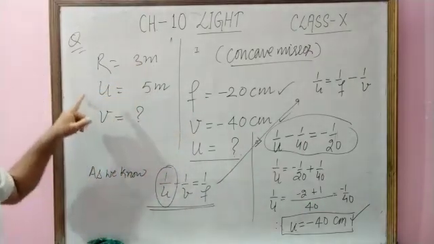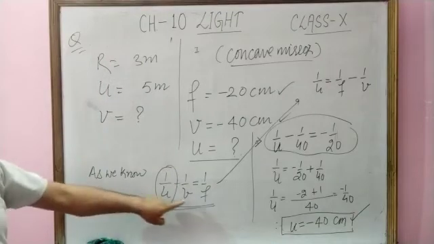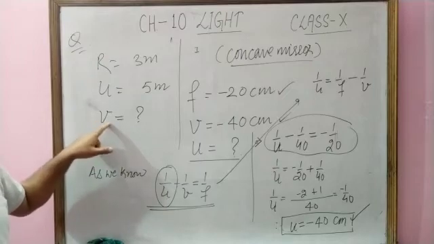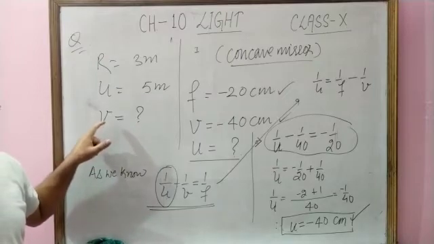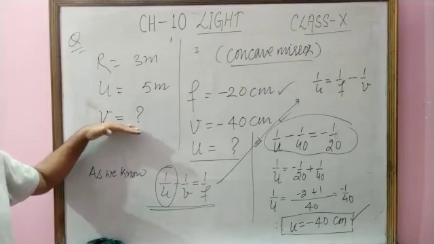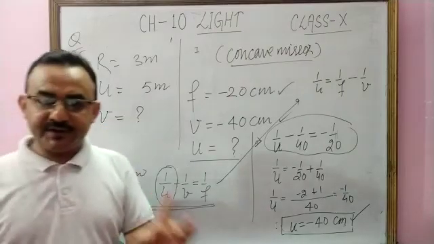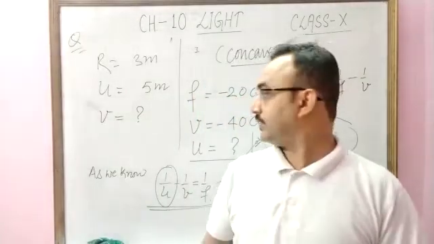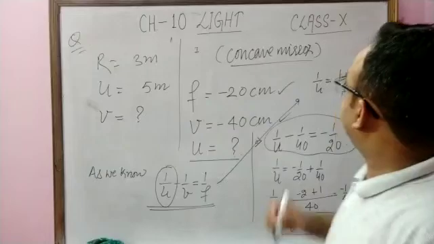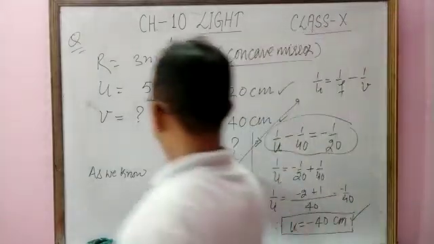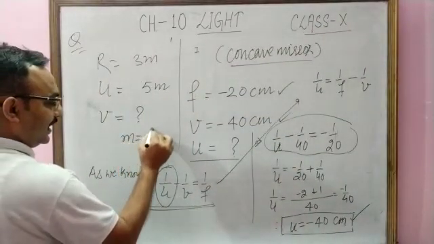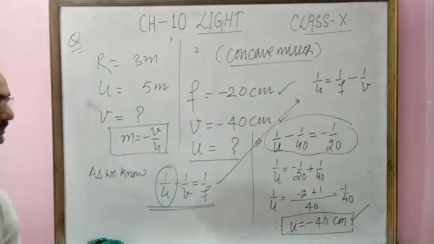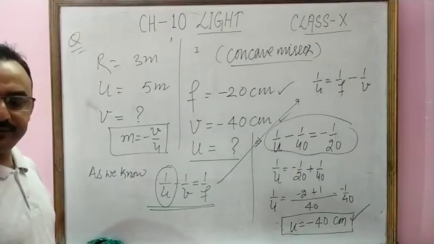Then you have the value of small f and U, and by using this mirror formula, this is simply a hint, you can find the value of V. Whenever you find the value of V, U you already have, then magnification is minus V upon U. You can put the values here. Clear? Okay.